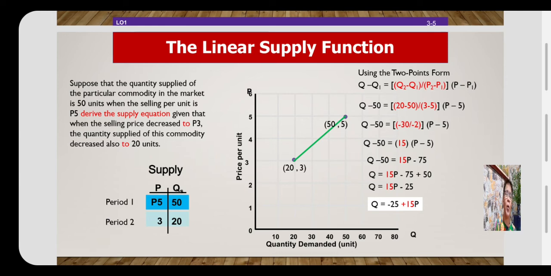So again, the supply equation from the given market condition is now quantity equals negative 25 plus 15P. So take note of how we are able to transform the 2 points form into the slope-intercept form. Okay, so the same formula is used, either we derive the demand equation or the supply equation.